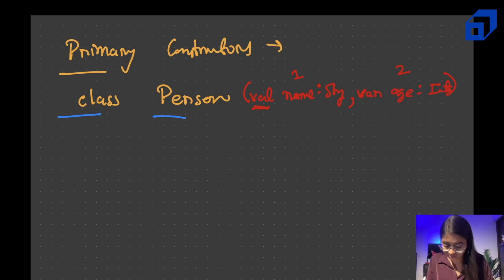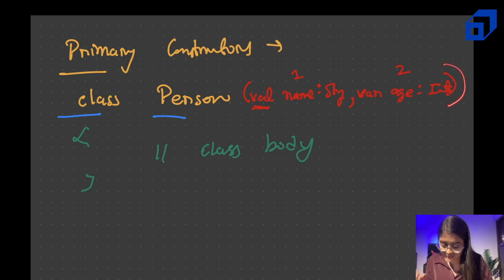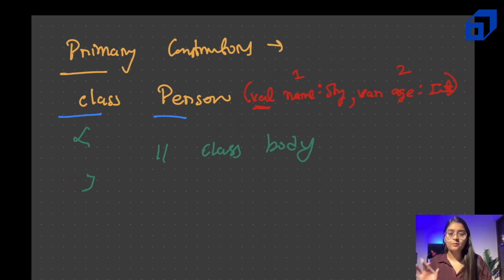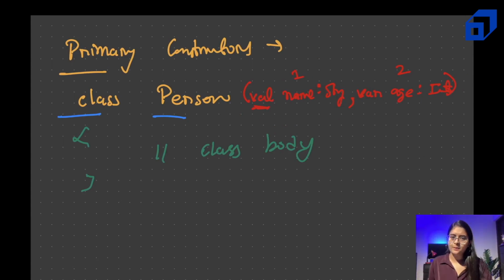After this you will have your class body, right? The block that you see here, which is surrounded by parentheses, is your primary constructor. This entire block is your primary constructor. It's very simple: primary constructor and secondary constructor. The primary constructor is part of the class header only. If you have some parameters to give, it somewhat looks like a function, no?